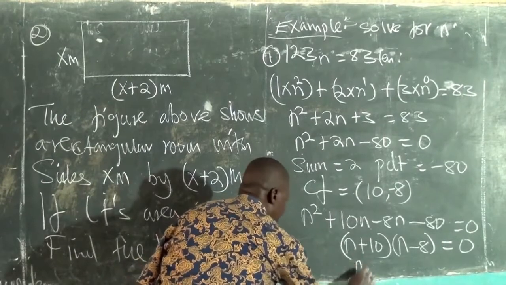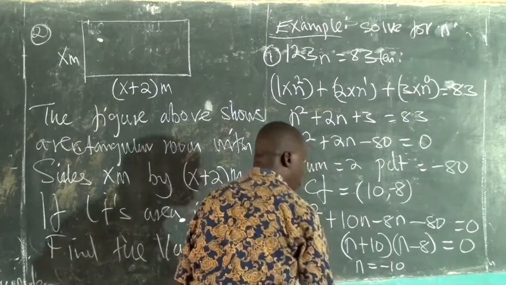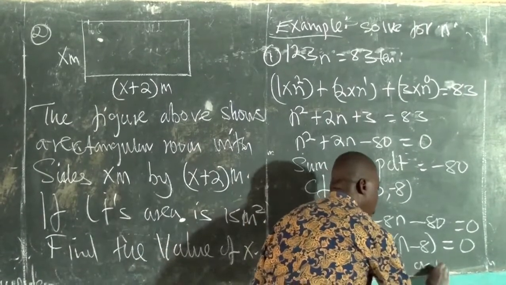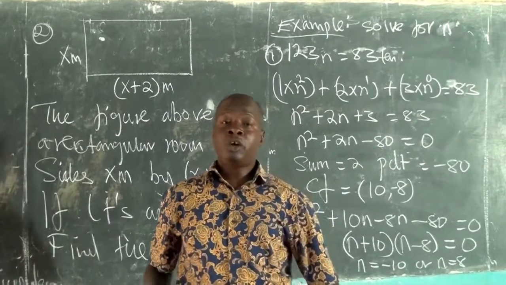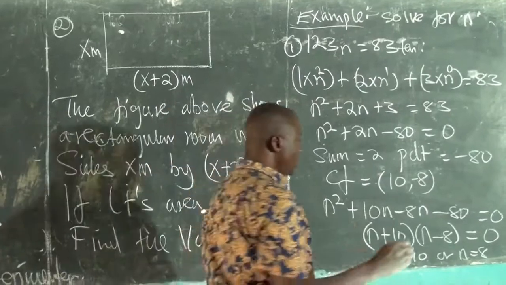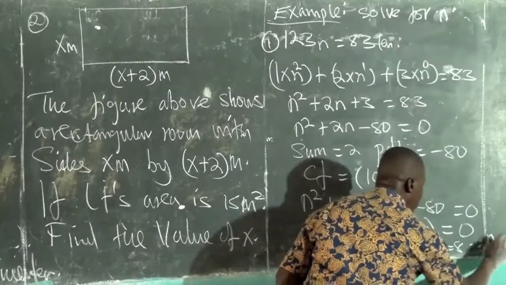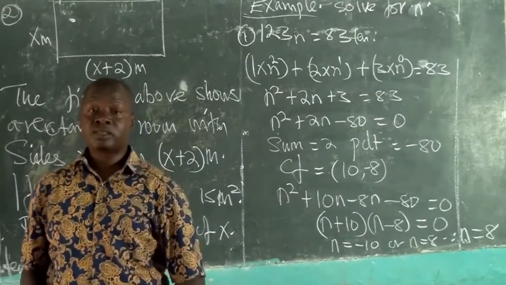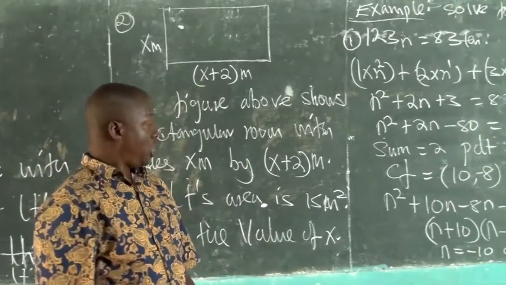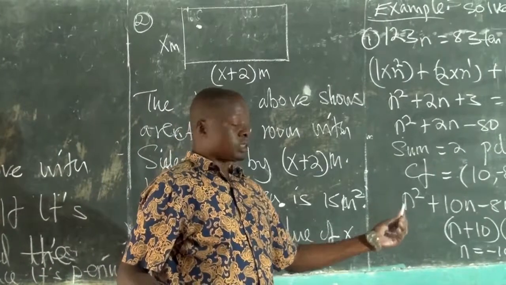So either n equal to negative 10 or n equal to 8. We shall draw a conclusion. Therefore, n equal to 8. We don't have a negative base, that's why we are considering n to be 8.